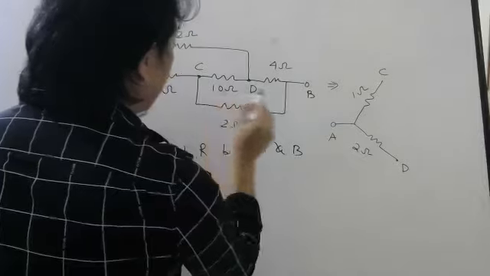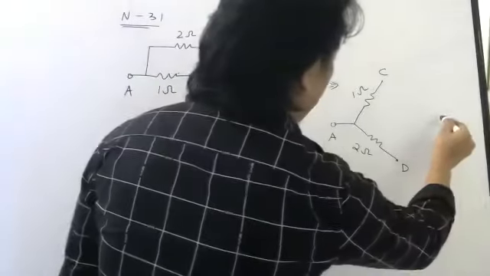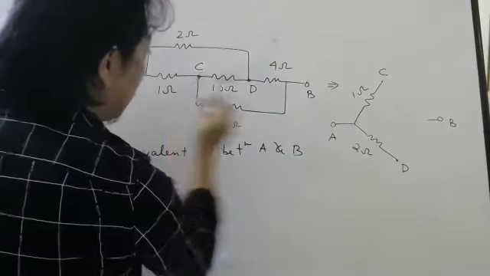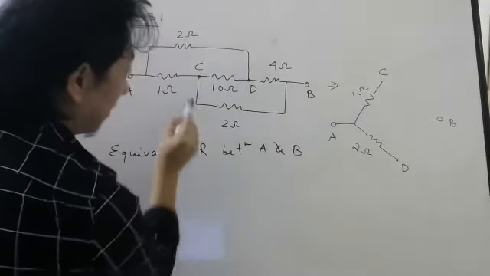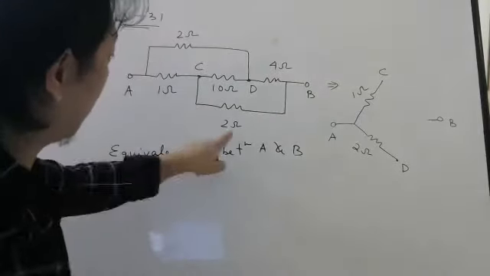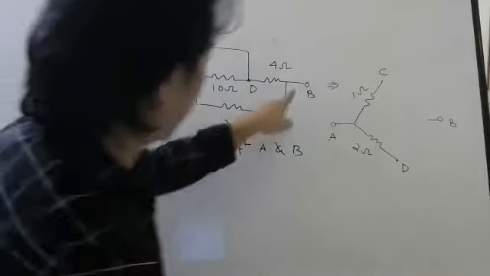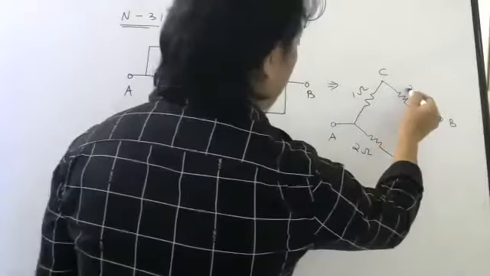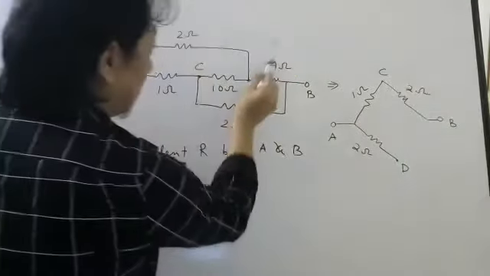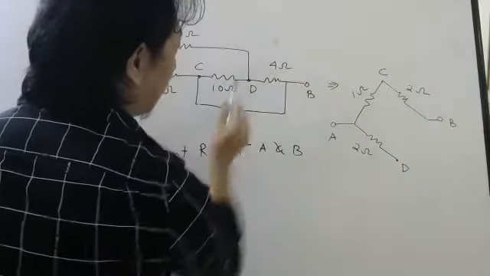Then let us draw B here. From C, it is connected to B through this lower resistance, right? See, this 2 ohm is between which points? C and B. And this 4 ohm is between which points?